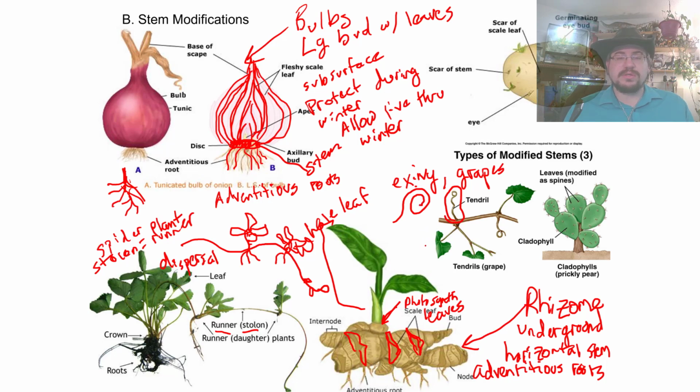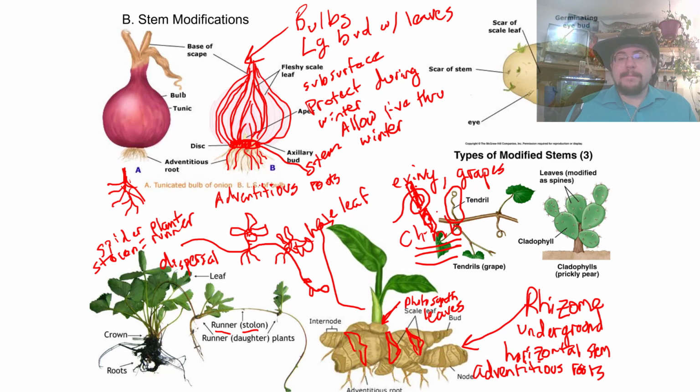So the way it grows, when it comes into contact with something, it will wrap around that something, and thus hold the plant in place. A lot of plants that have thin stems that vine around will have tendrils to allow the plant to climb. So these are big in climbing plants.